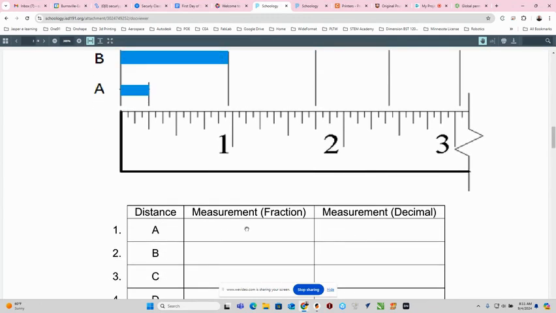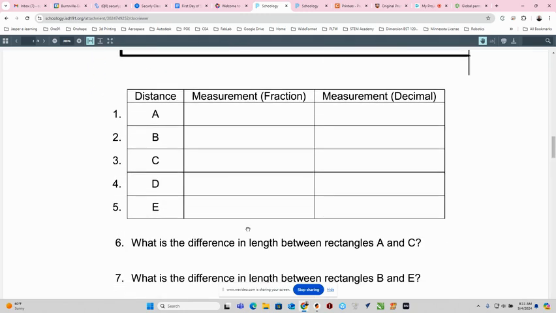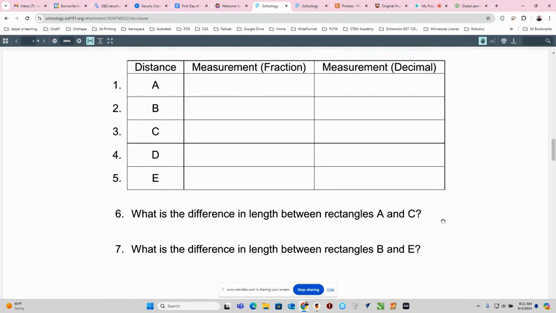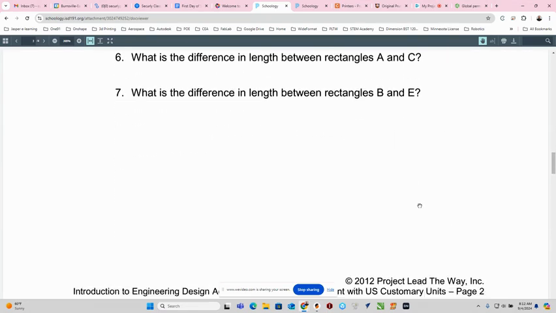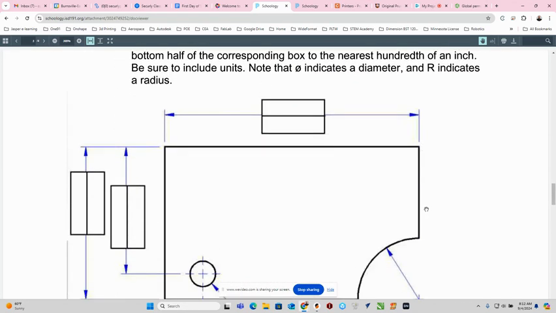If you want to find the decimal of the fraction, you would just take 1 divided by 4, and it would give you the decimal. Okay, what's the difference in length? You can write this in decimal. I'm totally fine. That would be the easiest way to do it. So what's the difference between A and C? What's the difference between B and E? This one here, what they're looking for is fraction and decimal.